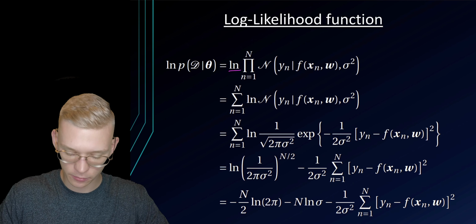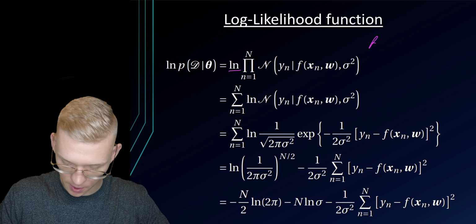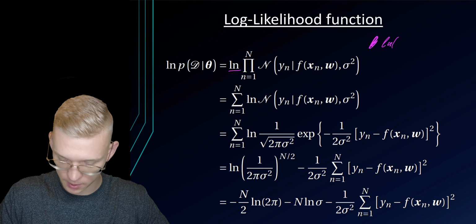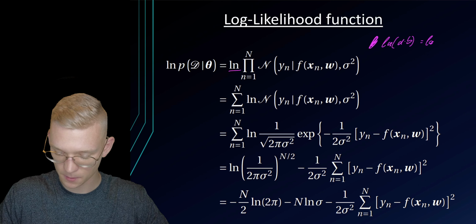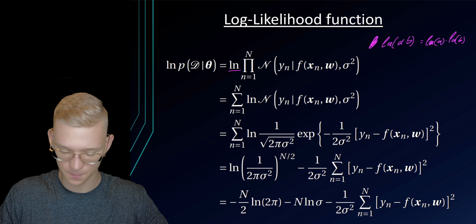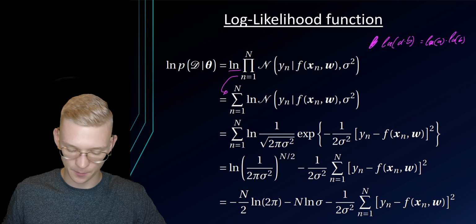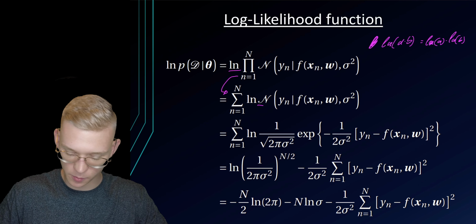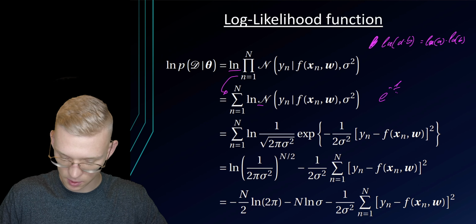If we have ln of a times b, we can just say it's ln a plus ln b. So we go from a product to a sum. Because we know that our normal distribution is e to the power of minus and so forth, we can just write it out.